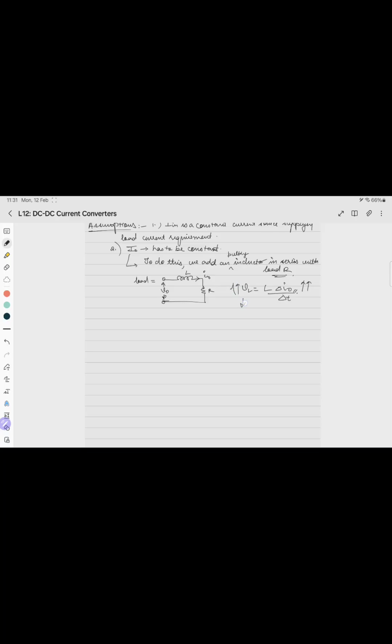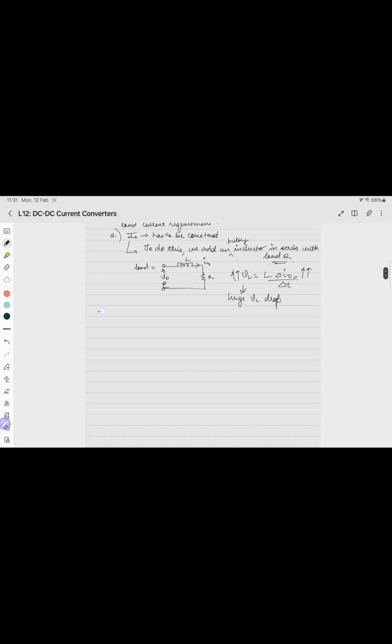This will result in a huge V L drop. This huge V L drop may damage the switch or the device S1.